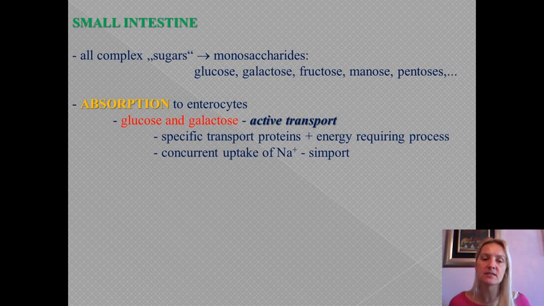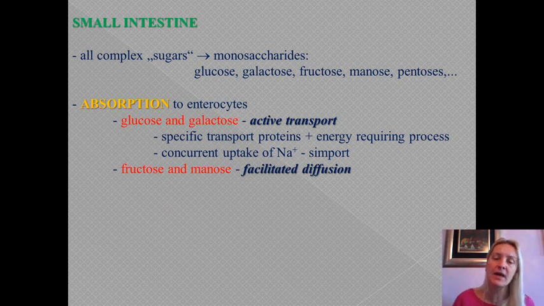The mechanism of this transport is concurrent uptake of sodium ions by means of symport transport. Other sugars like fructose, mannose and pentoses are absorbed by facilitated diffusion.